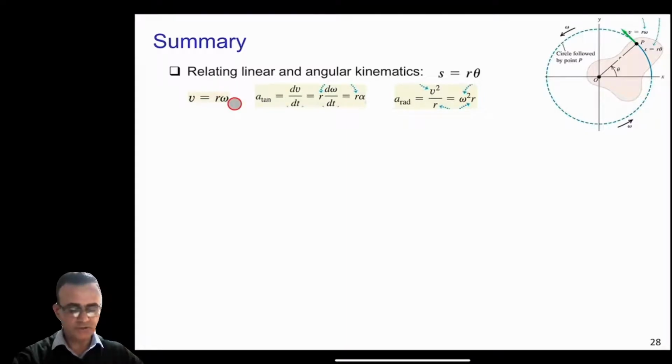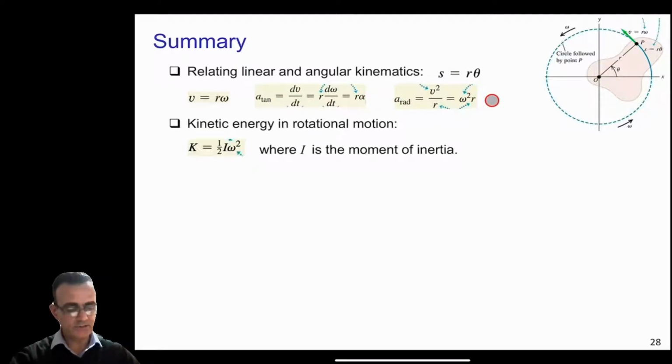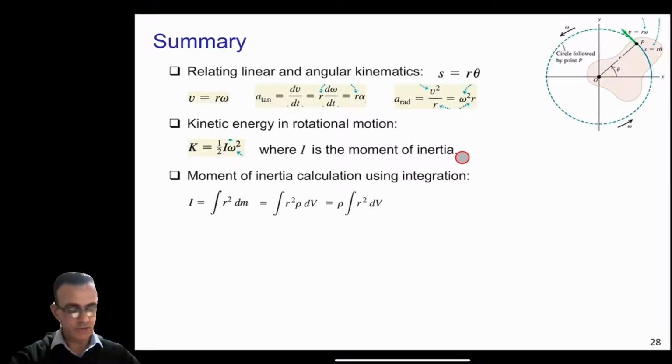So v is equal to r omega, a tangent is equal to r alpha, and a radial is equal to omega squared r. We derived these equations. We also derived the equation for the kinetic energy, that K is equal to half I omega squared, where I is the moment of inertia, which is similar to mass in linear motion. And then we can also calculate the moment of inertia using the integration procedure, which is I equals the integral of r squared dm.